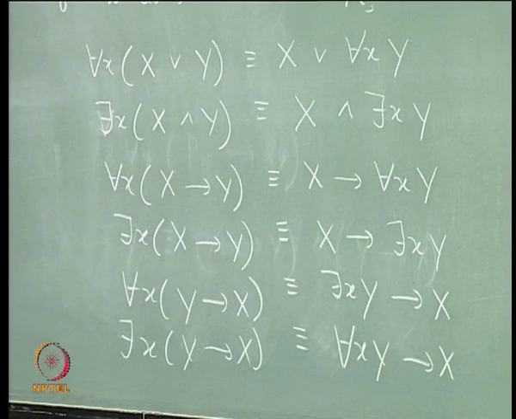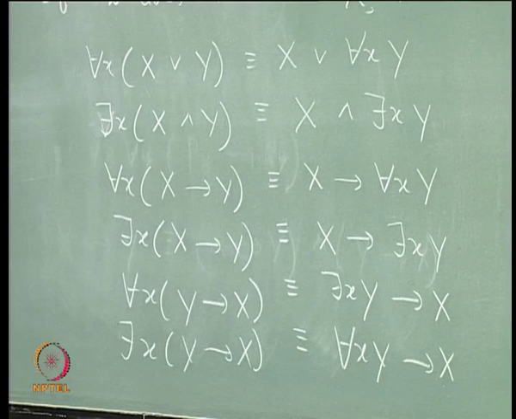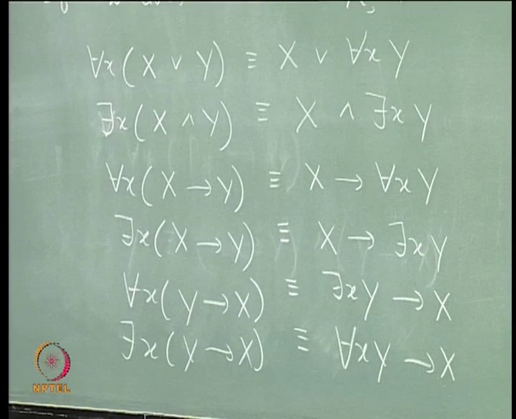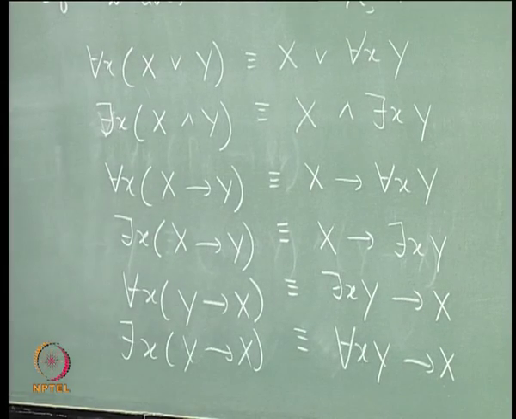So, this would be sufficient. Then whatever form you get of the formula, that is called a prenex form or a prenex normal form. Usually we say prenex form only, we will see how to bring the normal form.